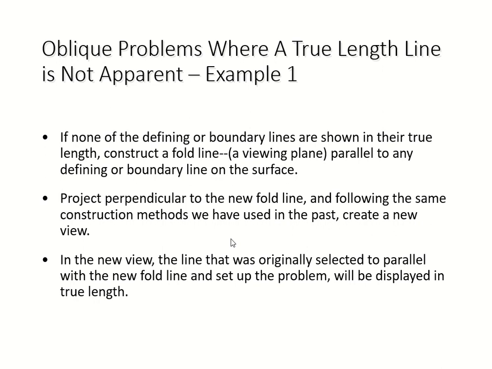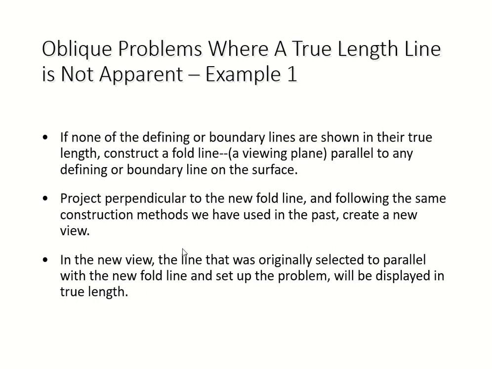If you don't have the true length line, or it's not apparent to your sight, what we usually do is draw a fold line. We always start with a fold line anyway, but this time that fold line has to be parallel to any defining boundary line on the surface. You will see it in the diagram, so don't worry about it right now.